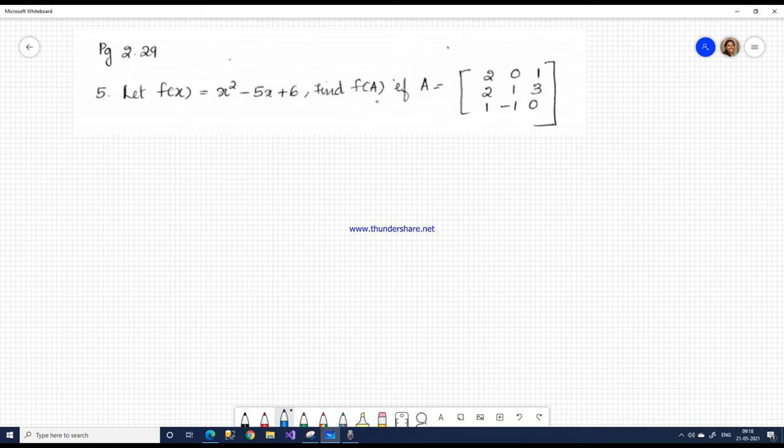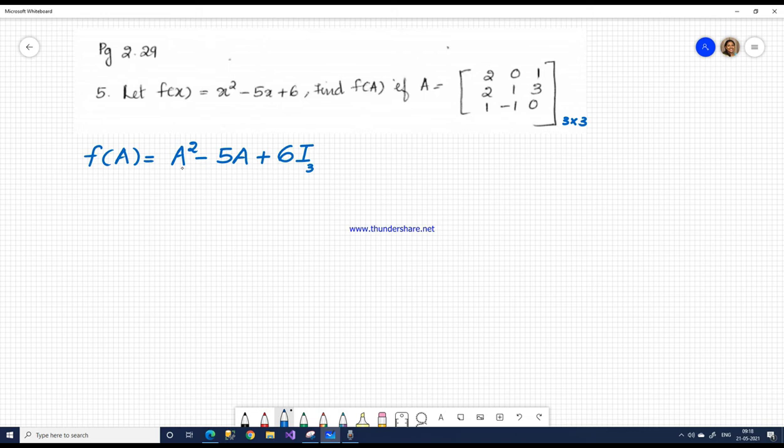In this case, instead of x, you have to put the alphabet A. So we write the expression f of A as A square minus 5A plus 6, and this 6 should be changed to 6 of I. Since this is a 3 by 3 matrix, this should be of order I3.